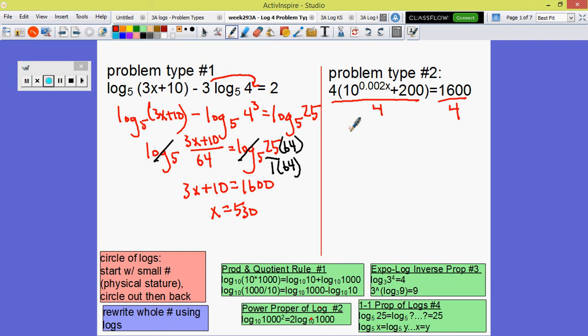Let's try to do 2 steps at once. I'm going to divide both sides by 4, and then subtract 200. You know what? Let me play it safe. Let's just divide both sides by 4. Let's go step by step the first time around.